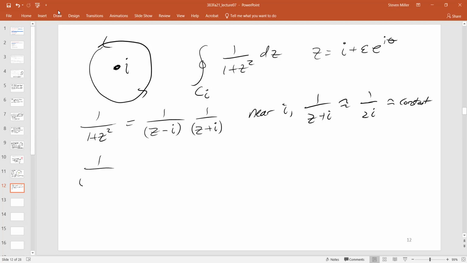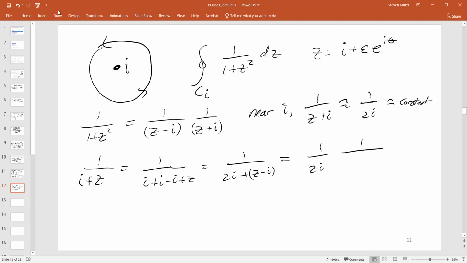I like playing games. 1 over I plus z is 1 over I plus I minus I plus z, which is 1 over 2I plus z minus I, right? Which is 1 over 2I, 1 over 1 plus z minus I over 2I.